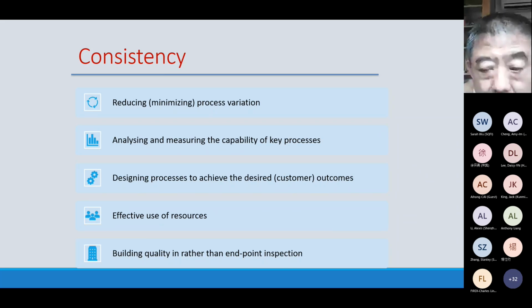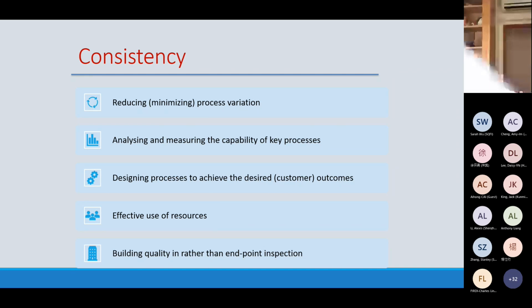And the way to do that is to reduce process variation, not just to put quality control inspectors to inspect out the bad product, but to reduce process variation so the consistency of the product is maintained. And analyzing and measuring the capability of key processes, and I'll come to that shortly. Designing processes to achieve the desired outcomes. Making effective use of resources and building quality in rather than endpoint inspection.